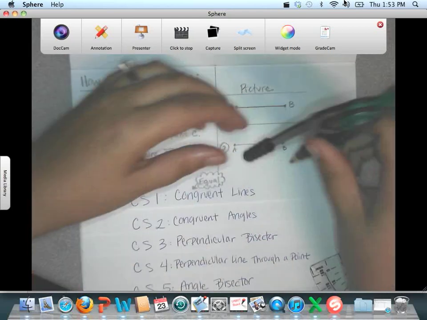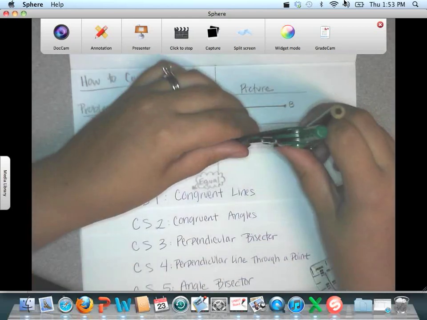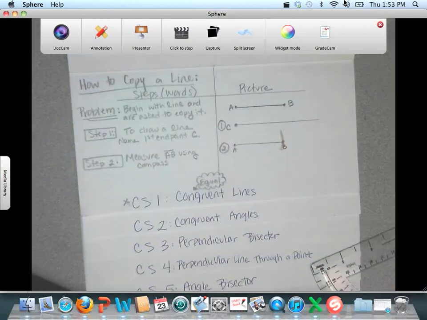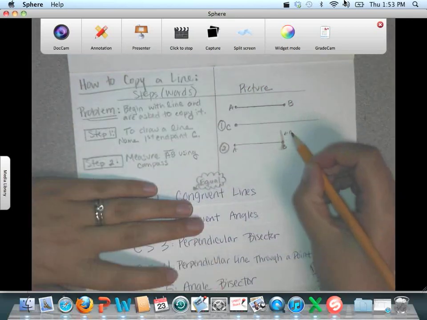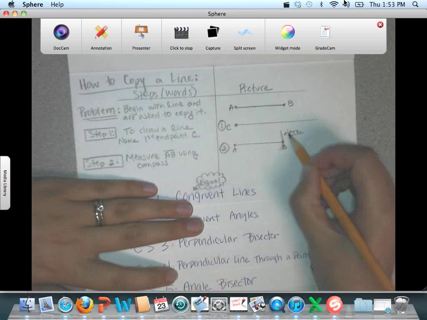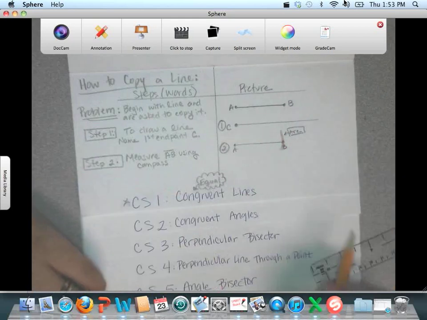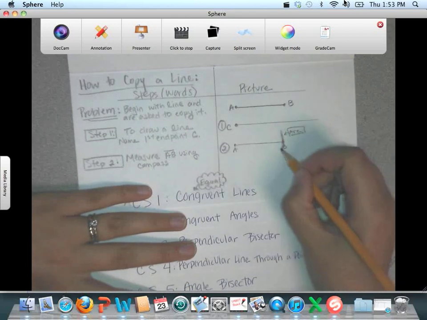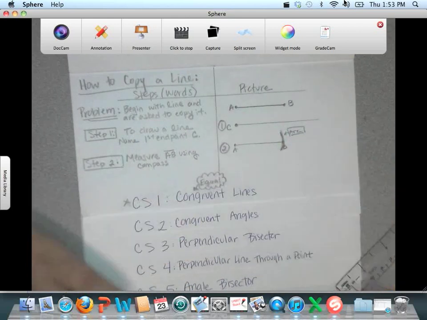And you just take your compass and you would make what we call an arc. So this is called an arc. Now, if you don't have a compass, essentially to show that you did that step, you would just draw an arc.